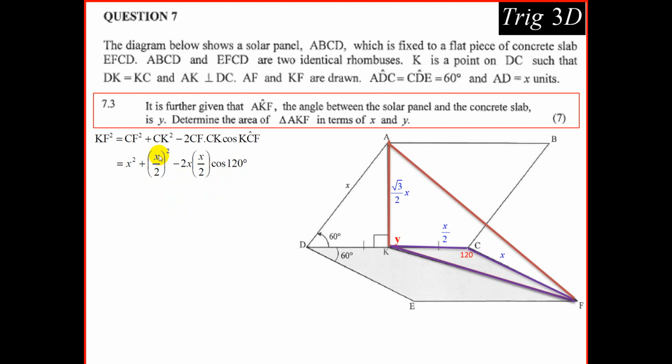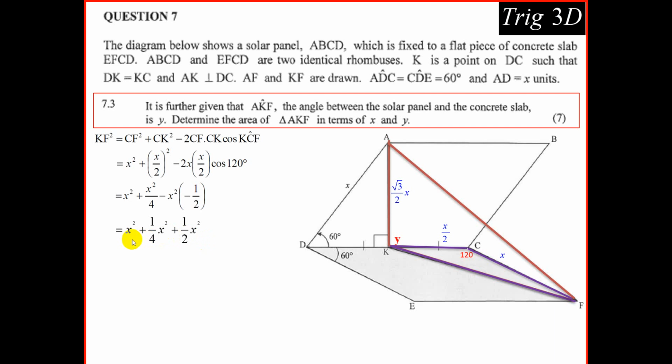Now we can square this, x squared over 4, and if we multiply this into x over 2, the 2's will cancel off, and x times x is x squared. So we're going to end up with minus x squared, and cos 120 degrees on your calculator is negative half. So we have x squared plus 1/4 x squared, minus times a minus is a plus half x squared.